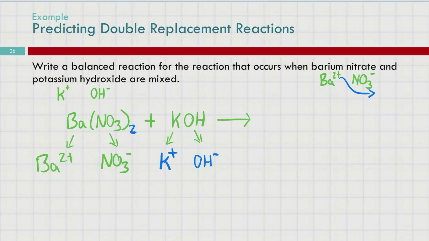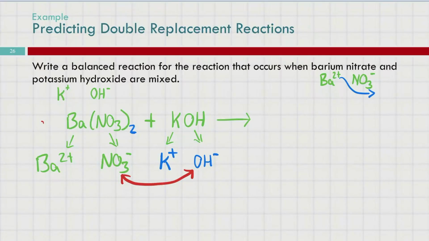So we've broken it down into the positively charged and the negatively charged ions. We are going to swap the anions, the negatively charged ions. And I'll rewrite those below where our products are going to go on the right side.